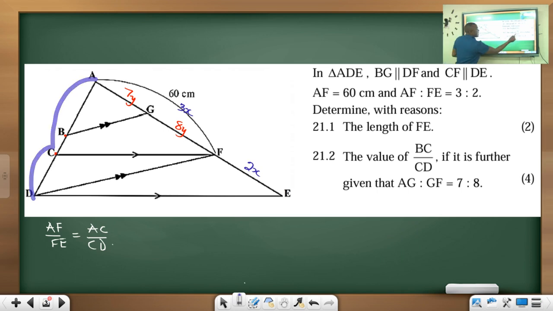So my CD is fine. The problem is BC. BC is a part of AC, but the problem is I need to get AB. Do you notice? AB plus BC would give me my AC.